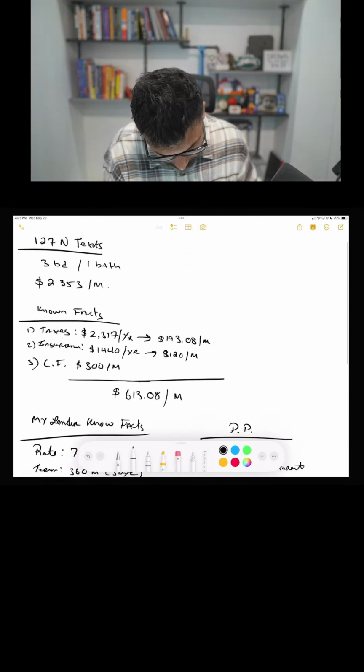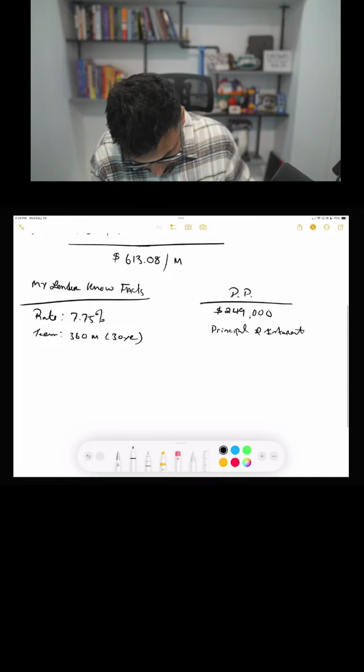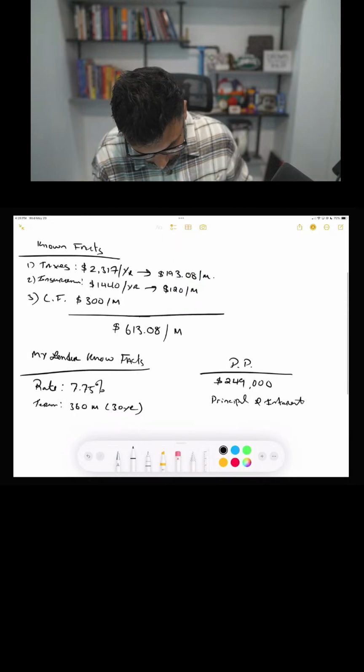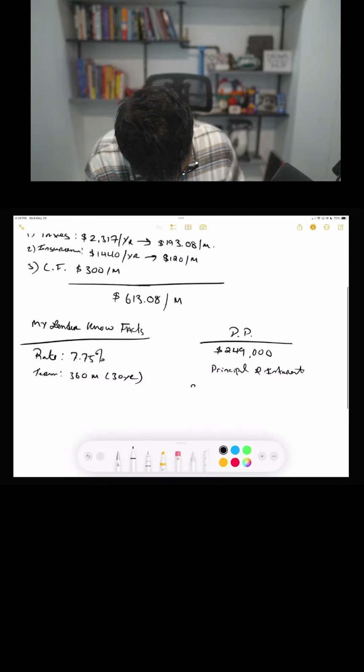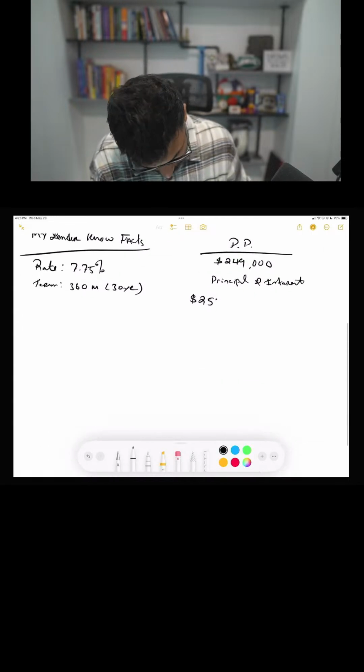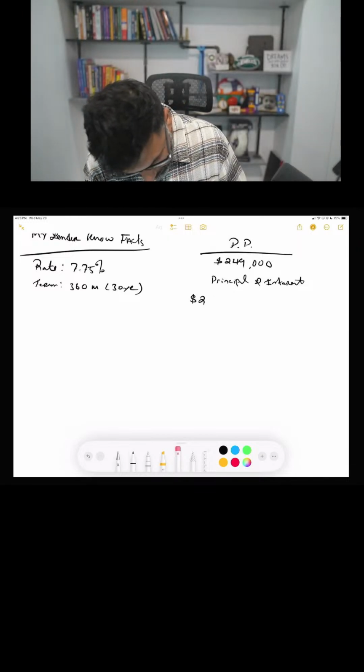So now the most I can pay for principal and interest is the following. Okay, so we're going to take 2.5. Was it 2.5? No, it was 2.353. This is the most rent I can collect.